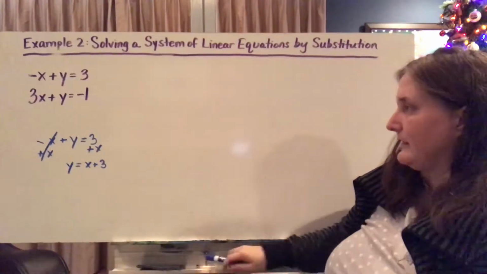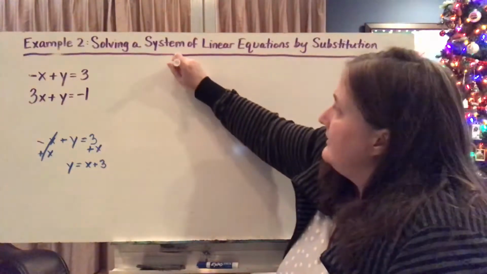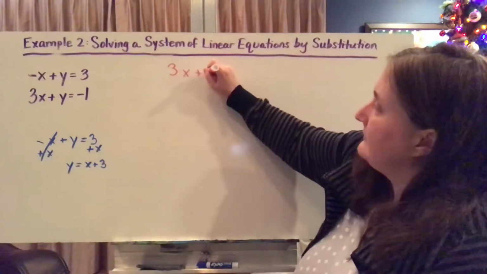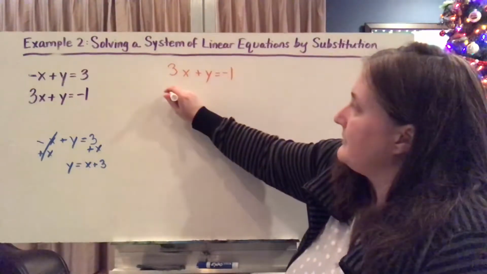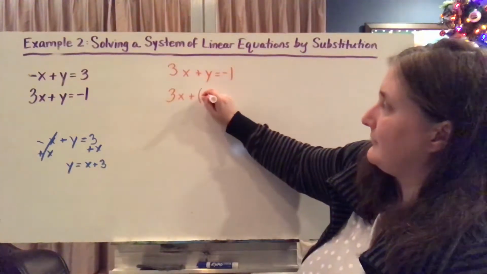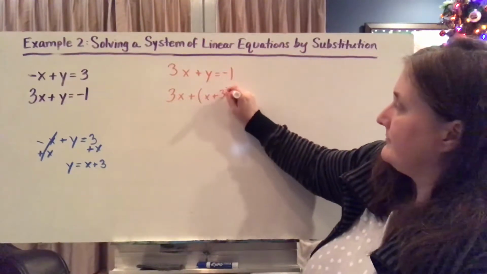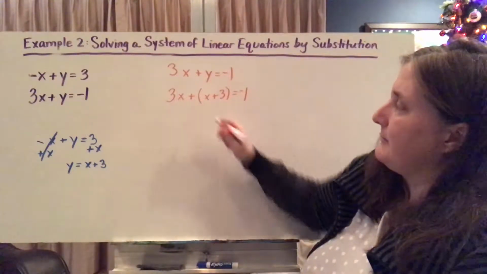So I'm going to go on to my second equation. 3x plus y equals negative 1. And in place of the y, I'm going to put in x plus 3. So here I'm not distributing anything but a positive 1.